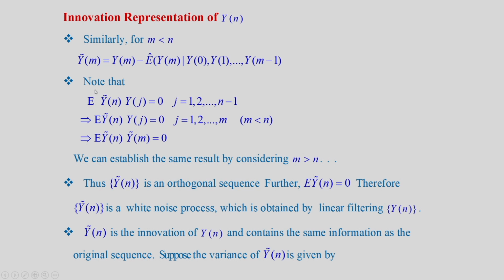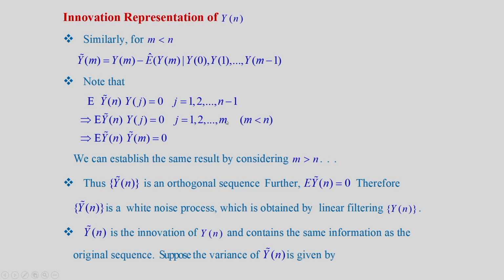Now, because m is less than n, we can show that E of y tilde n into y j is equal to 0 for j equal to 1, 2 up to n minus 1, because error is orthogonal to data. So, all past data will be orthogonal. Similarly, y tilde n will be orthogonal to y j because it is up to n minus 1.